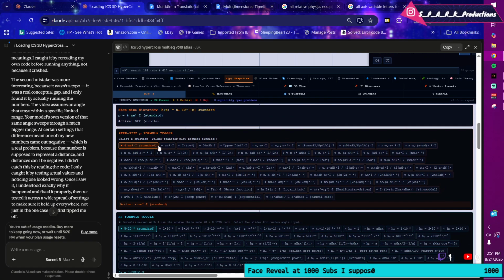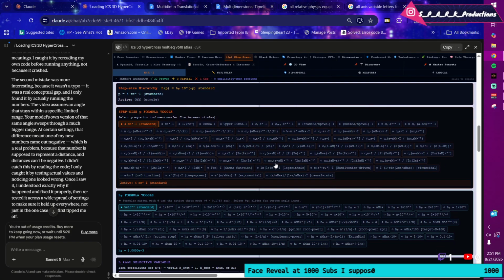All right, yeah, the standard is that Hamiltonian driven or sinusoidal causal rate over A max. It's interesting. Deep power. ND timeline.